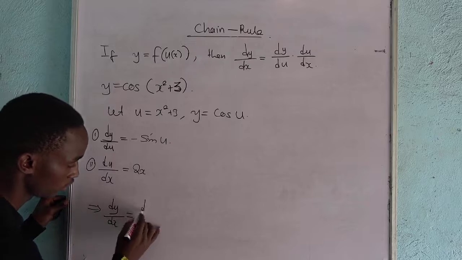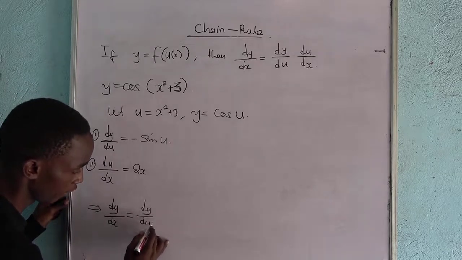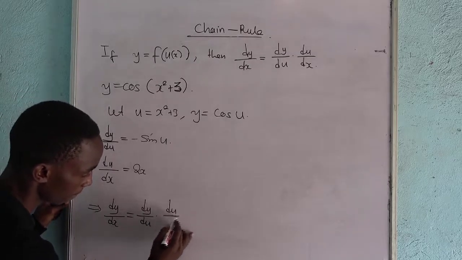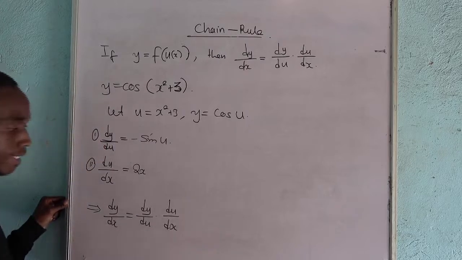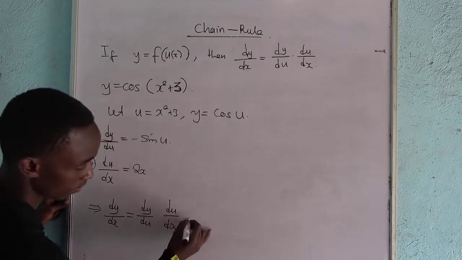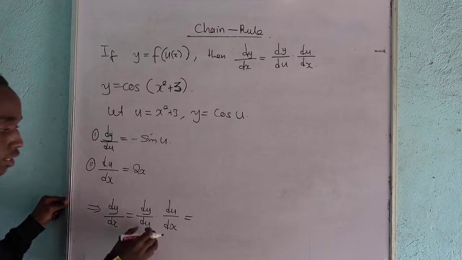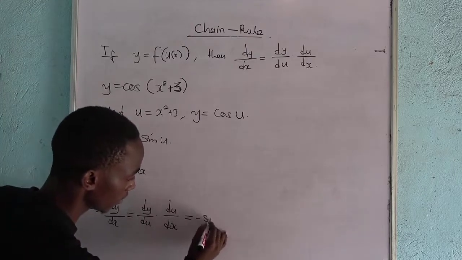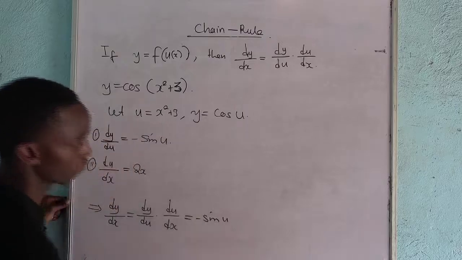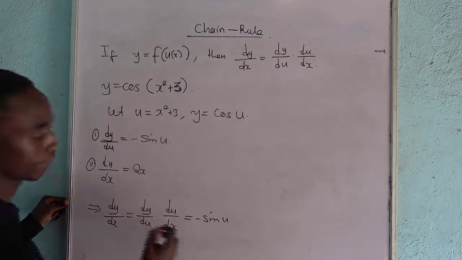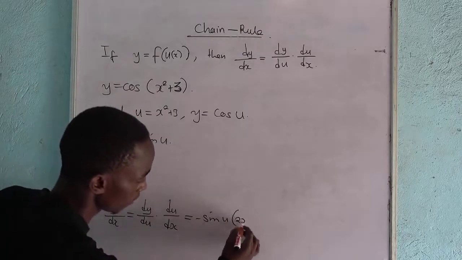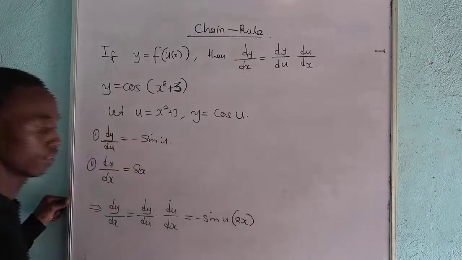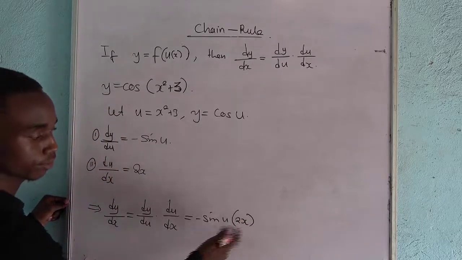Then this implies that dy/dx, which is equal to dy/du multiplied by du/dx, is negative sine of u multiplied by 2x. So then you just need to simplify this one.